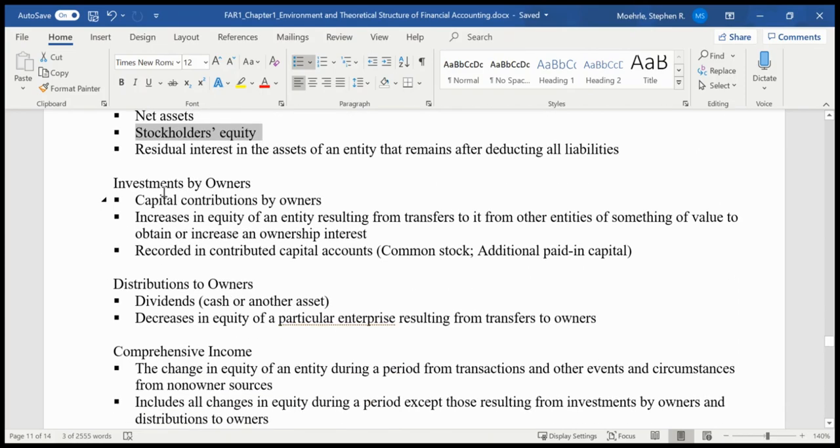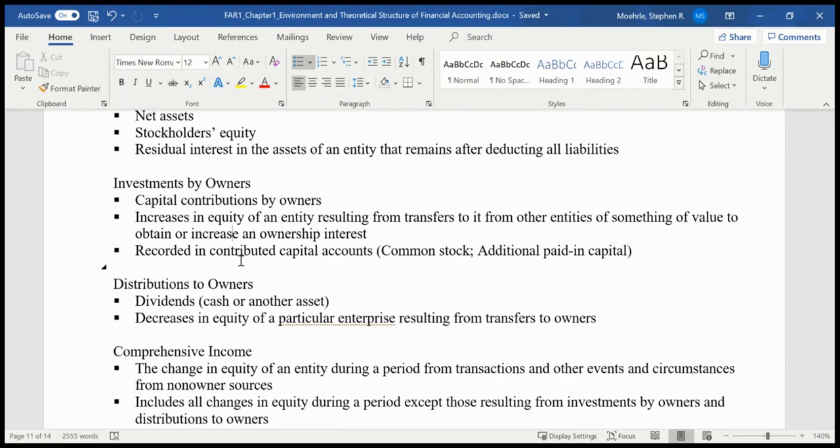Investments by owners. These are capital contributions by the owners. These are increases in equity of an entity resulting from transfers to it from other entities, transfers of something of value to obtain or increase an ownership interest.